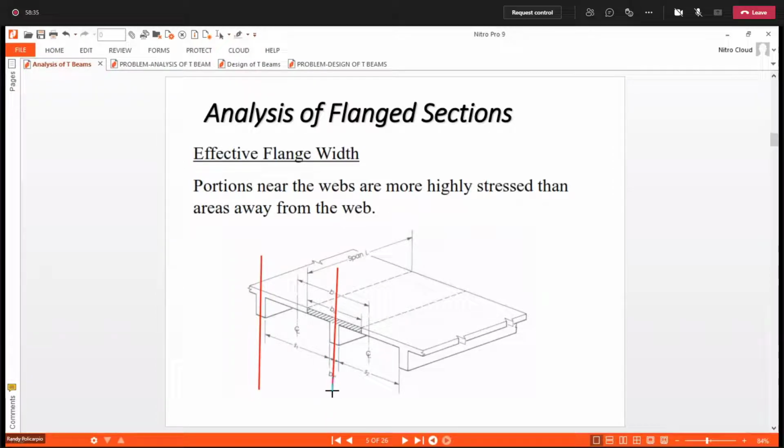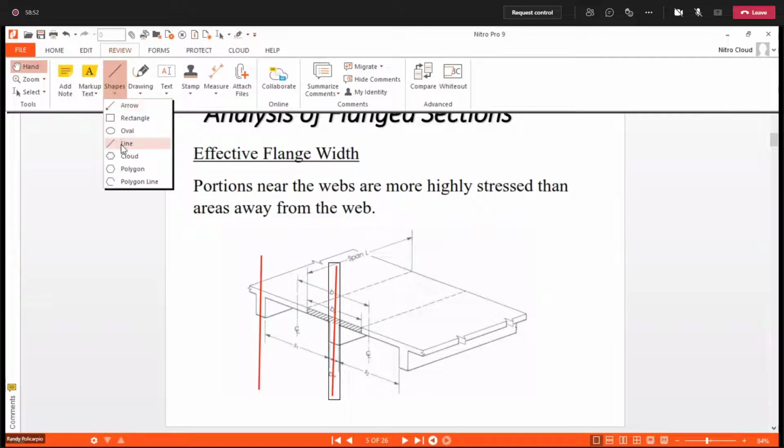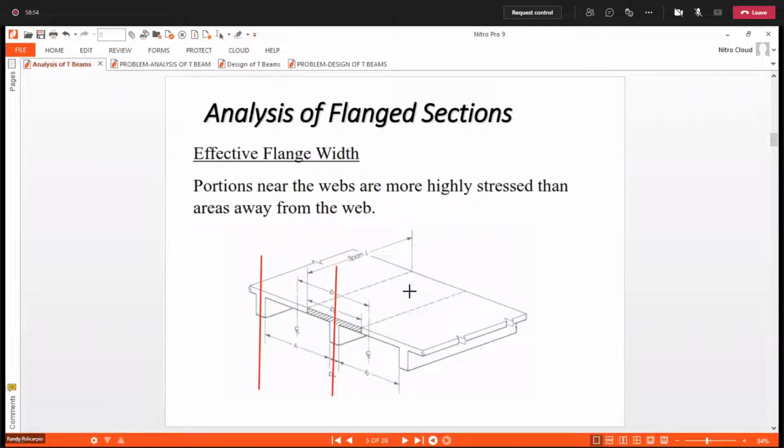So this line representing the center, no? Then another one here, center to center, okay?